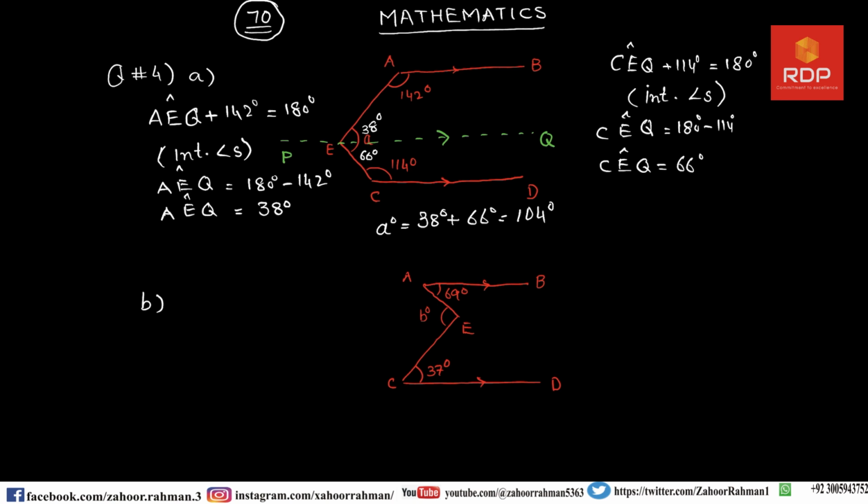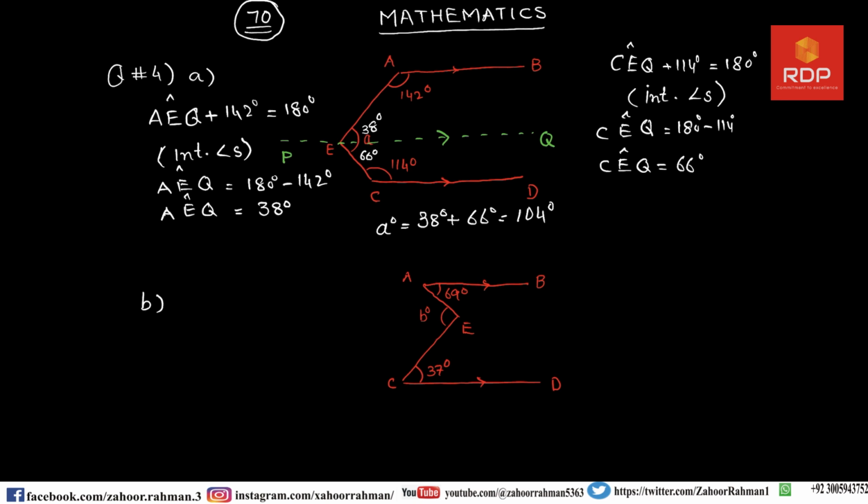The second part is also like the first part. We have to draw a line because we cannot find B directly by any means. So we have to divide the B angle into two separate parts as we did in the first part.